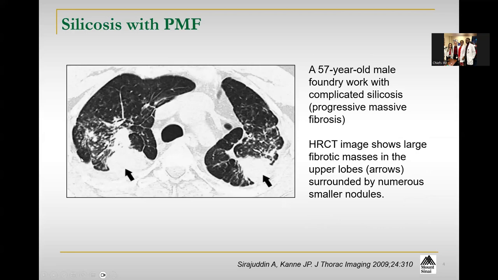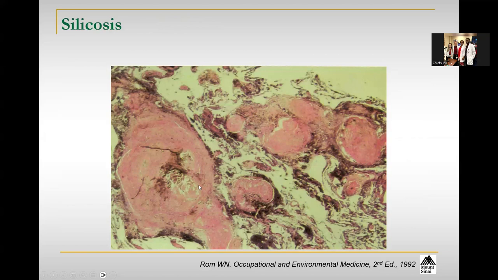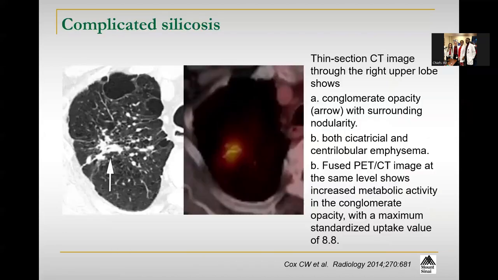You see here some pleural reactive thickening, linear stranding, and traction, and more of the same, progressive massive fibrosis with conglomerates. And cavitation is not very frequent, and when you see it in the case of silicosis, you may suspect that there may be coexisting tuberculosis.